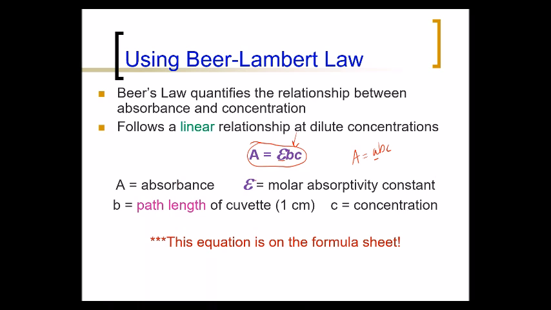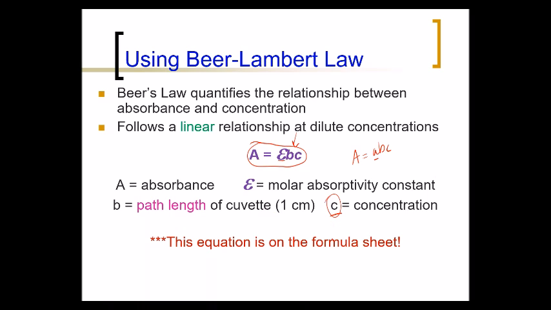A, of course, is absorbance. E is the molar absorptivity constant. B is the path length of the cuvette. The standard cuvettes are pretty much 1 centimeter, but they might ask you a question where, what if they made it 2 centimeters? Most spectrophotometers, though, use a 1 centimeter cuvette size, just saying. And then C is where you're going to calculate the concentration of your unknown.